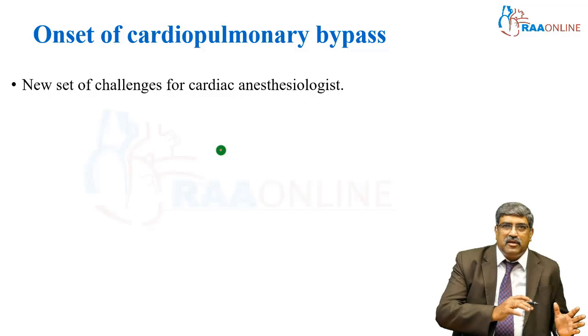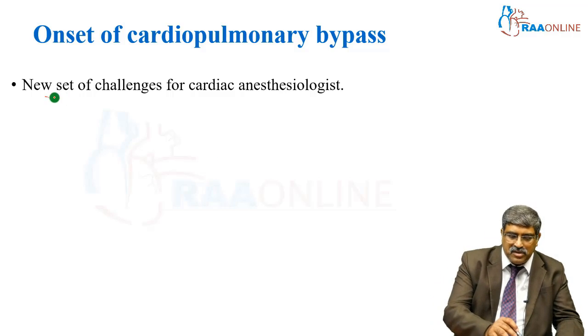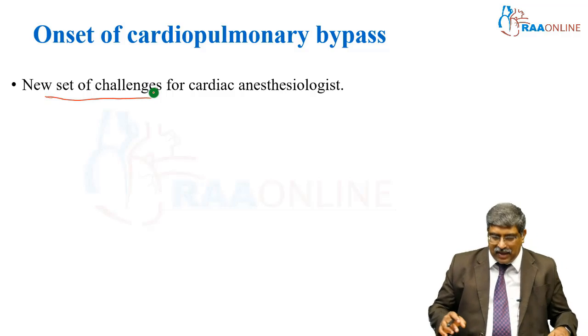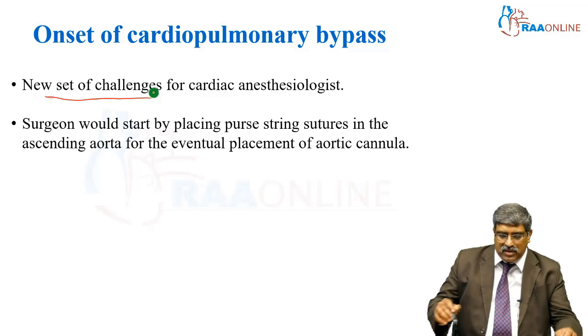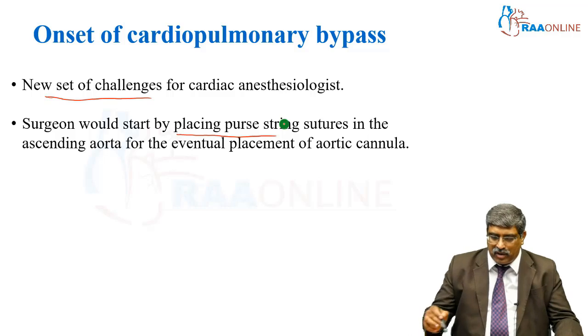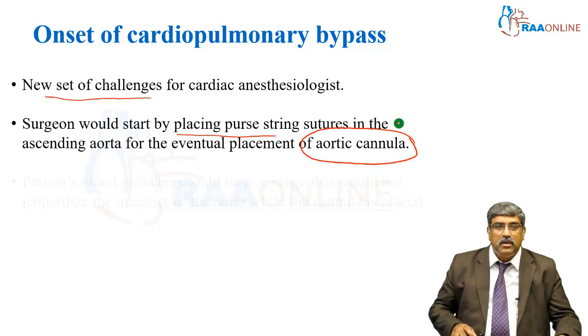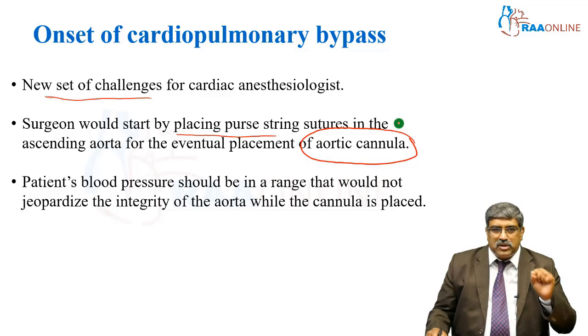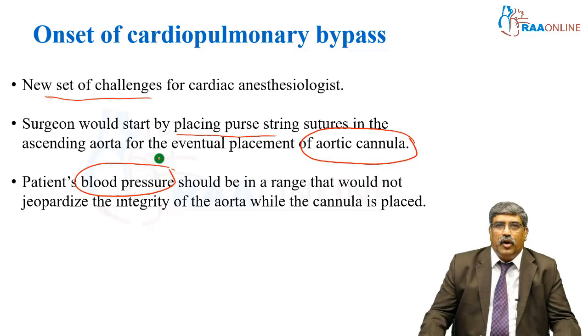As you transit from normal circulation to cardiopulmonary bypass, there is a new set of challenges for cardiac anesthesiologists. It starts with the surgeon placing purse-string sutures in the ascending aorta for the placement of the aortic cannula. Here, the most important thing is that the patient's blood pressure should be in control.